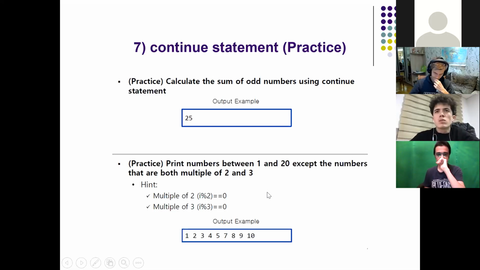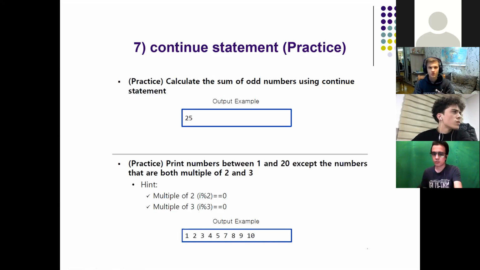Okay, you should print the numbers, the second task, between 1 and 20, but you should not print the numbers which are the multiple of 2 and 3. Okay, guys? Yes, there's a test. Sorry, I can understand.